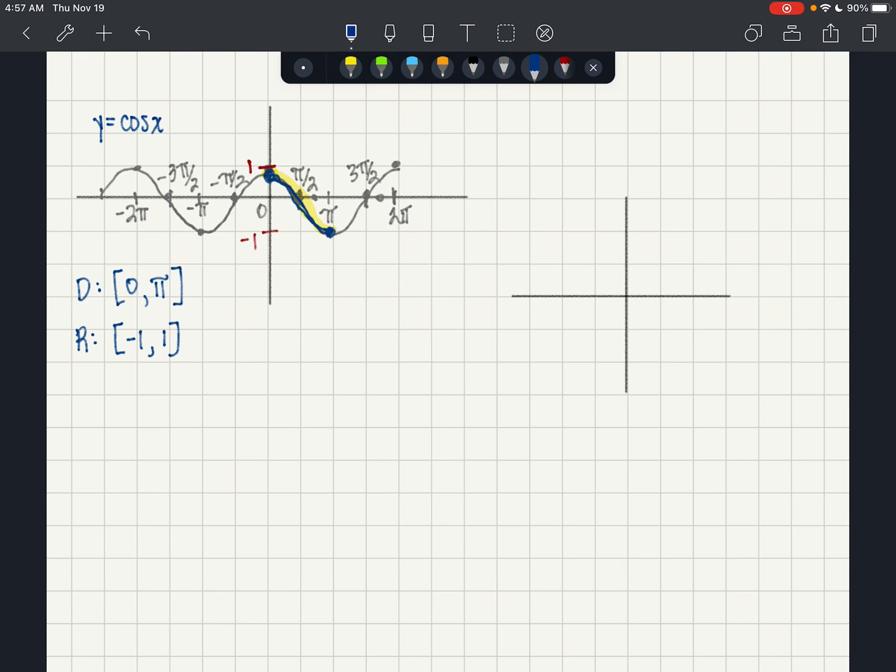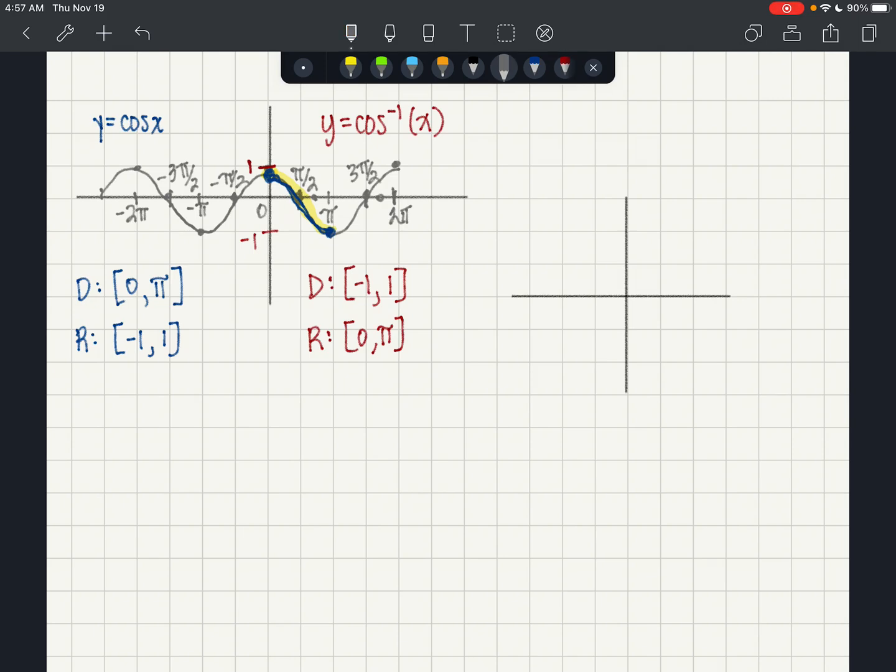So with that domain in mind, the inverse function is written like this. Its domain is going to be -1 to 1, and its range will be 0 to pi.